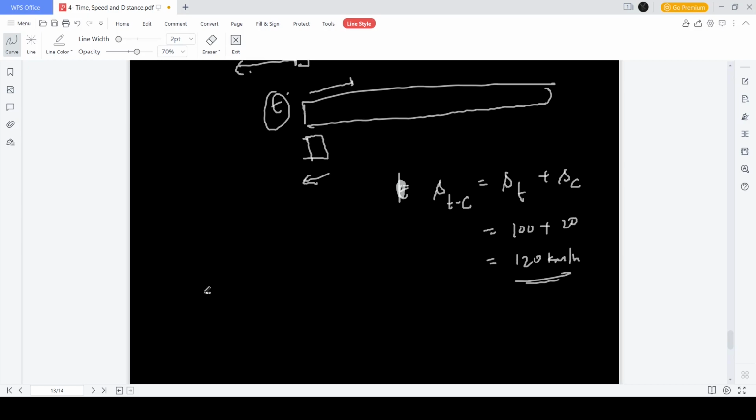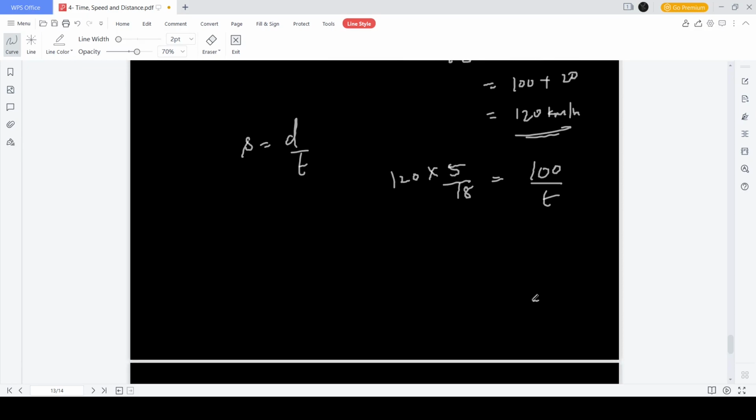Again we have the equation, speed is equal to distance by time. Speed is 120 kilometer per hour, but it is into 5 by 18 meter per second is equal to 100 by t seconds that it takes to overtake the car. And here we can simplify. So you get t is equal to 3 seconds.